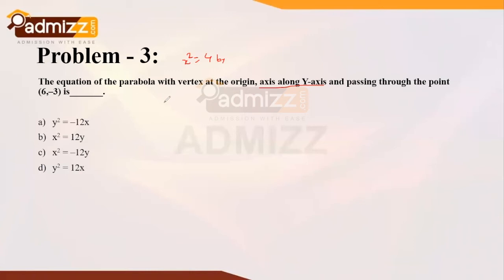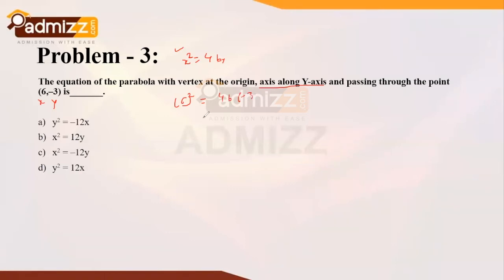The simplification steps are very easy. This is the x coordinate, this is the y coordinate. You need to substitute these values in the equation x² = 4by, and once you do the substitution, it turns out to be 6² = 4b, and y is -3.